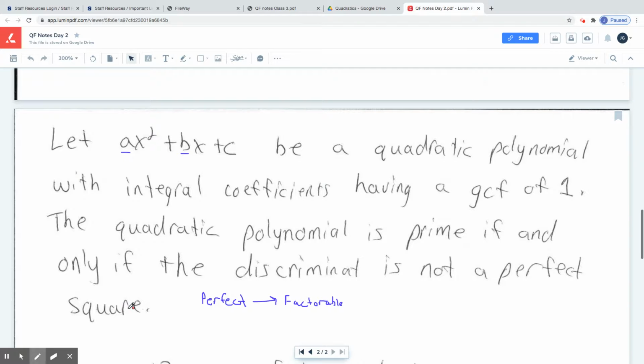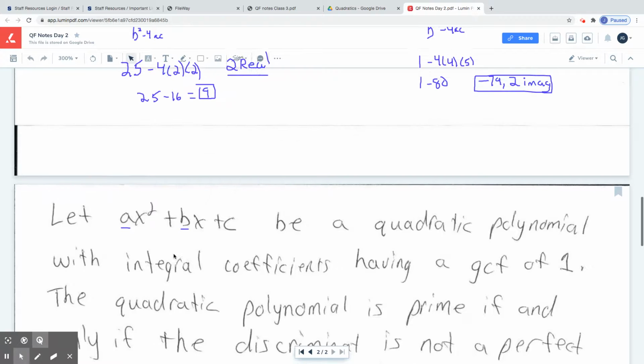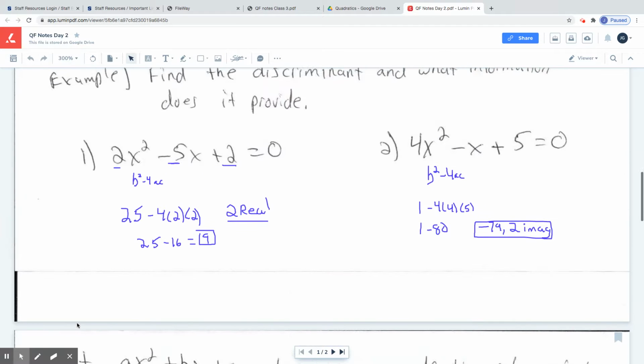It cannot be factored. And in fact, if we look at the example we did here for the discriminant, we got 9. 9 is a perfect square, which means this should be factorable. And in fact, it is, right? 2x and x, put a 2 there and a 1 there.